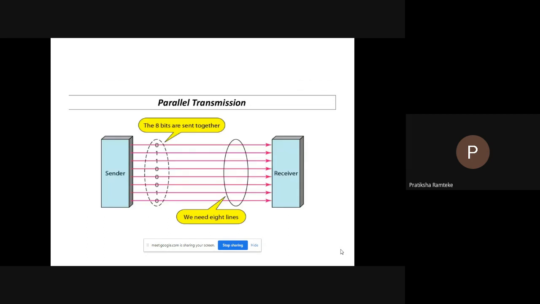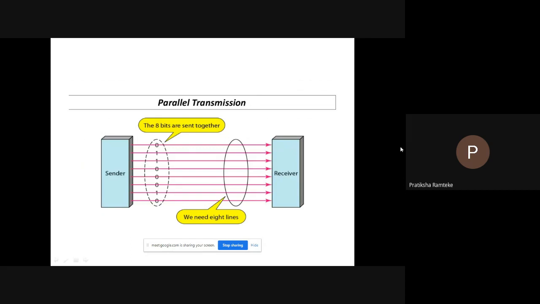For sending the data from sender to receiver, the data is in the form of bits. In parallel transmission, if we are sending n bits, we use n communication channels.